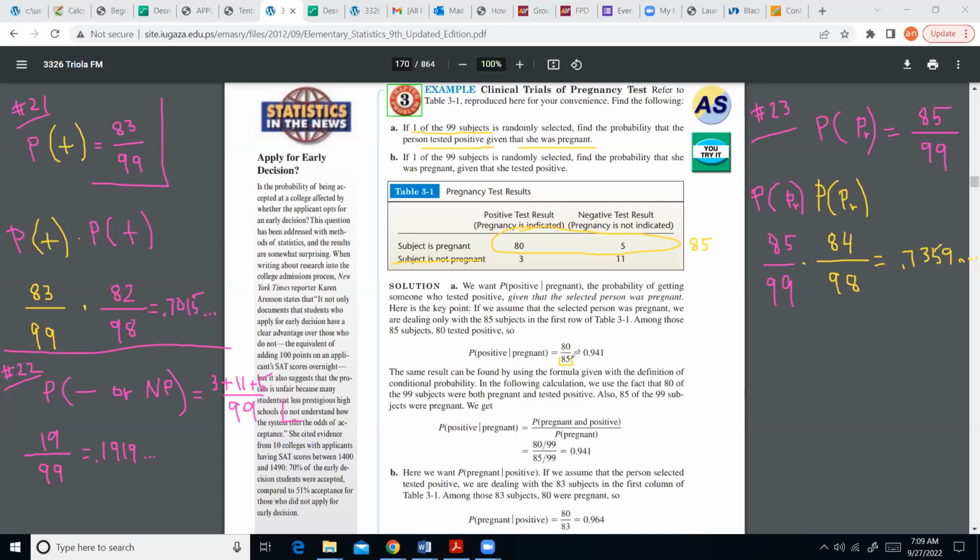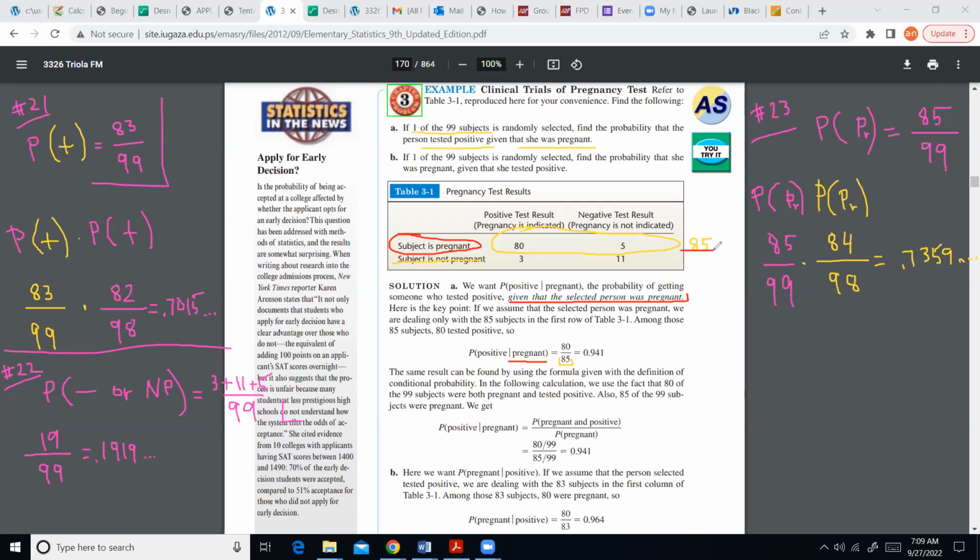When they say word given, it means you're not considering the whole sample. They just shrink the sample to pregnant only. So we no longer deal with 99, but with 85. So they shrink the sample, so your denominator shrinks.